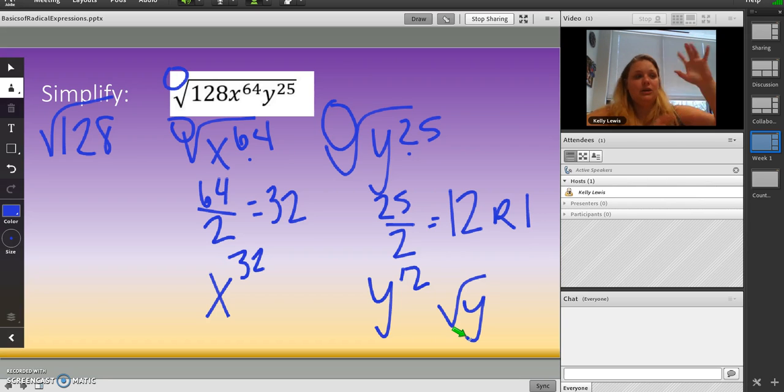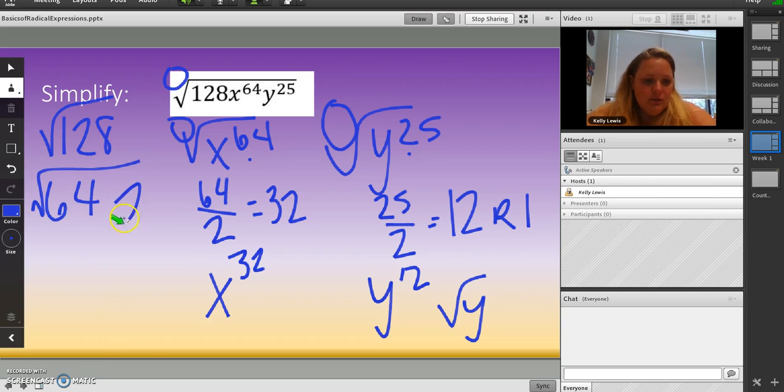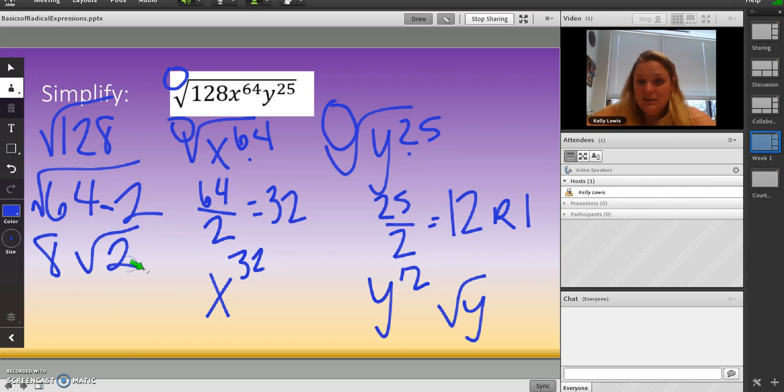If you go small to big, you're going to divide by 4, and there's going to be another one, and you're going to divide by 4 again, and there's going to be another one. So 128, just so you know, is 64 times 2. The square root of 64 is 8, and 2 can't come out because there's not 2 of them. 64 is 8 times 8, and so I can take that group of 2 out.